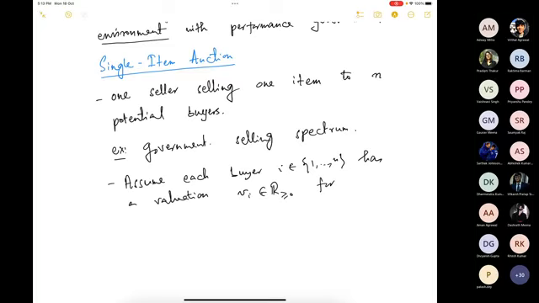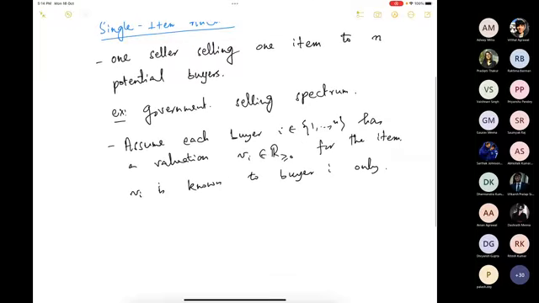It's a valuation for the item. You can think of valuation as the maximum amount of money that the buyer is okay to spend to buy that item. This Vi is known to buyer i only. Each buyer knows his private valuation for the item, which is not known to other players.